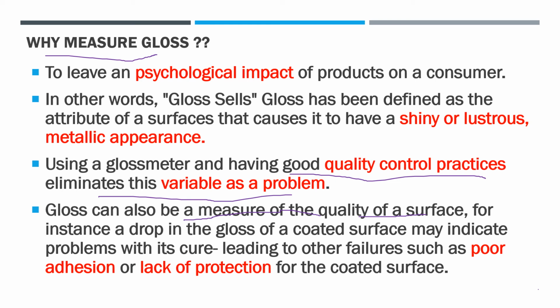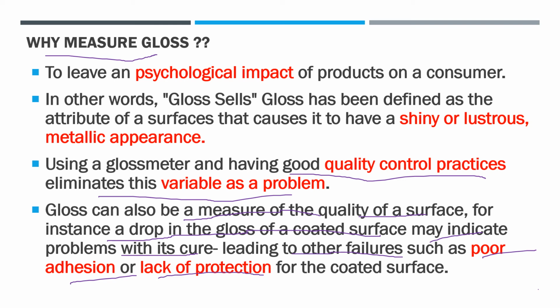And if there is an instant drop in gloss of a coated surface, it may indicate problems with its curing, leading to other failures as well. Like you will get poor adhesion, you can get a lack of protection for the coated surface.